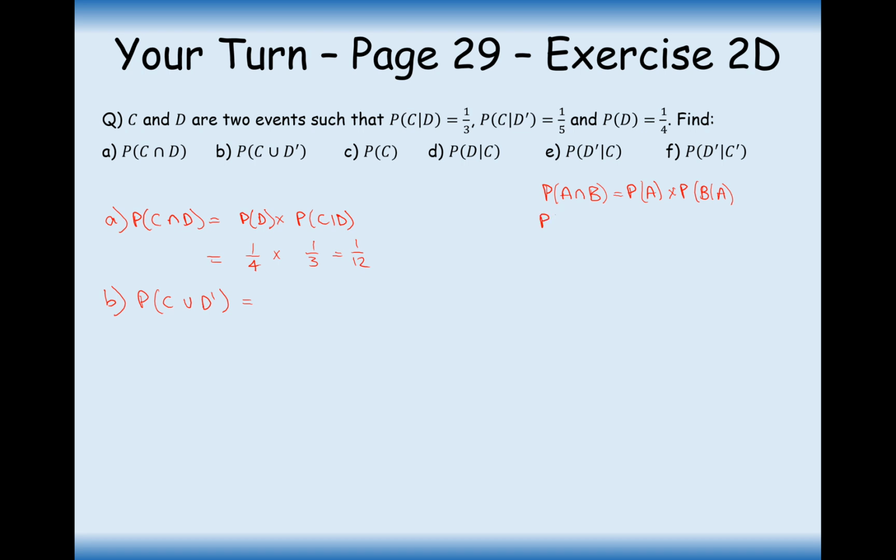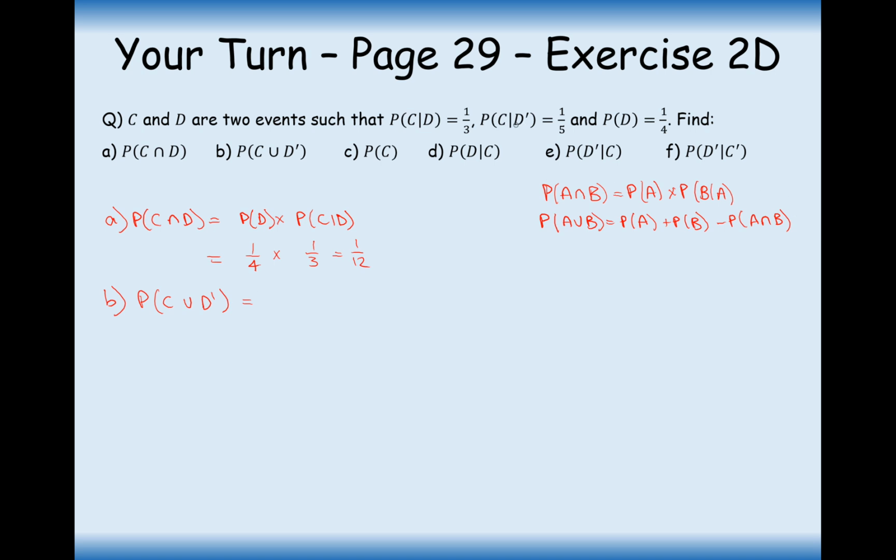The first formula was the probability of A or B is equal to the probability of A plus the probability of B minus the probability of A and B. The only thing is, I still don't know what the probability of C is here. I know the probability of D, I know the probability of C and D, I still don't know the other one. So what I'll probably have to do, instead of using the first one, is use the second one instead.